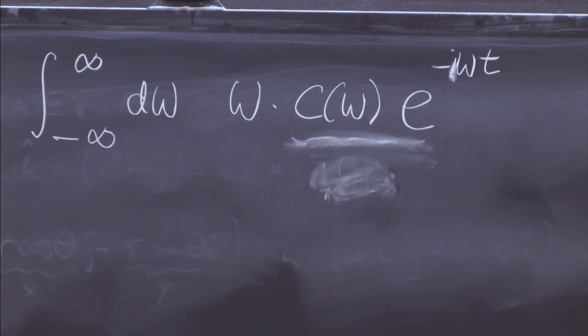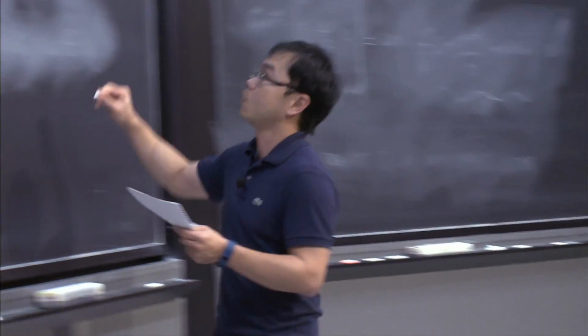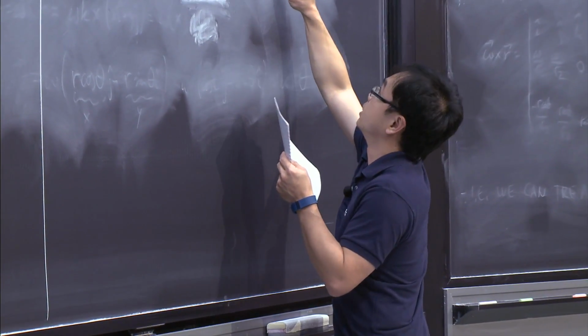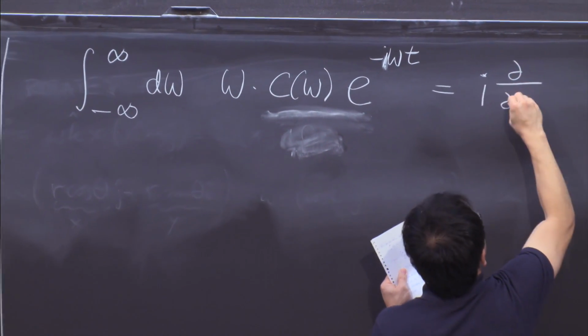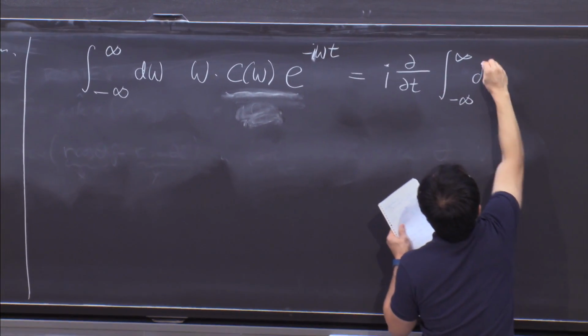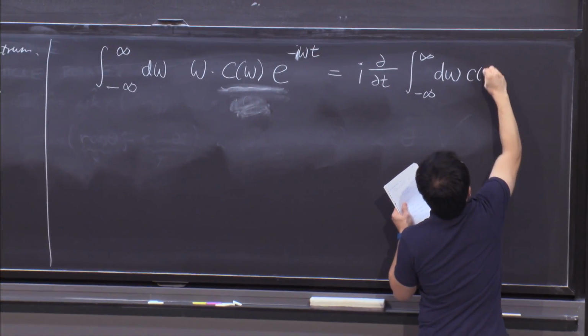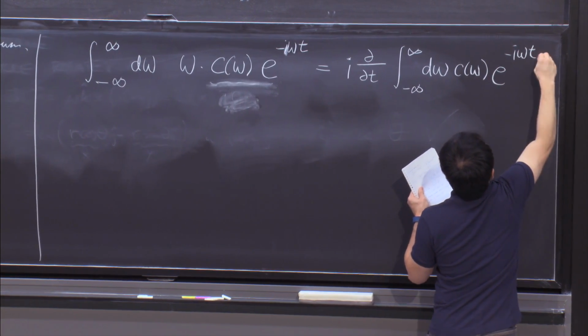Therefore, this will be equal to i partial t of the integral from minus infinity to infinity d omega c of omega exponential of minus i omega t.